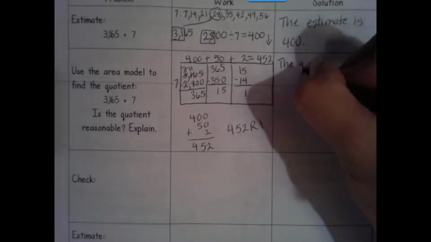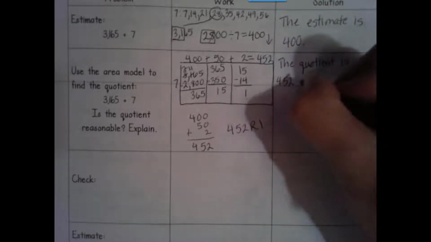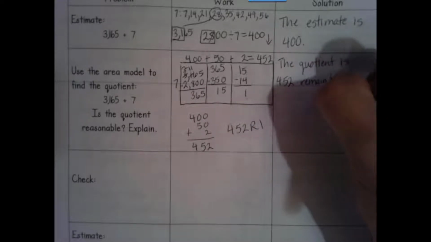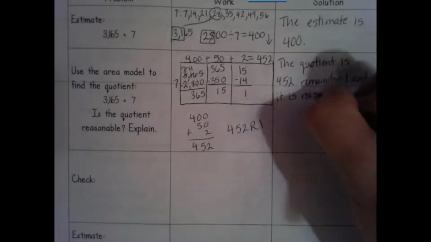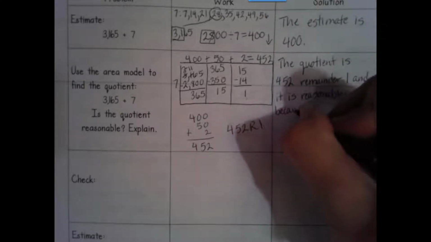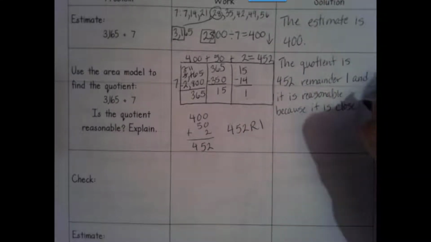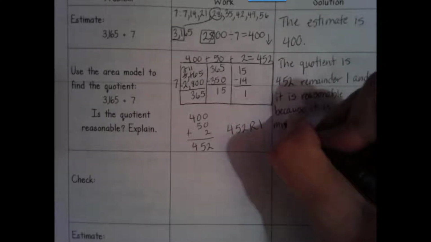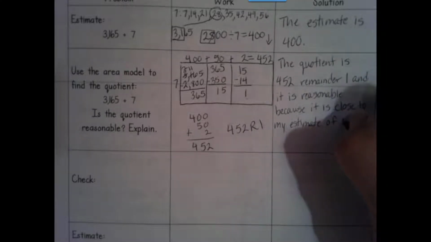The quotient is 452, remainder 1, and it is reasonable because it is close to my estimate of 400.